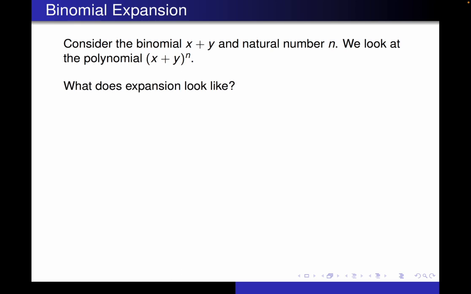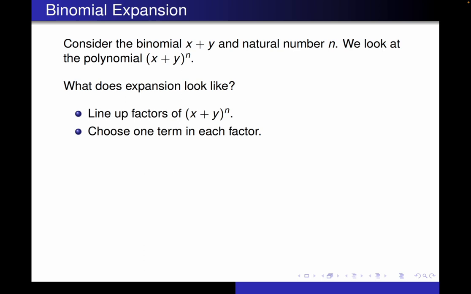So what does the expansion look like? What I mean by expansion is just what happens when you multiply everything out using the distributive property. You've done this in your algebra classes before, so some of this is going to be somewhat familiar. One thing you would do is line up the factors of x plus y, however many factors you have. You would choose one term from each factor.